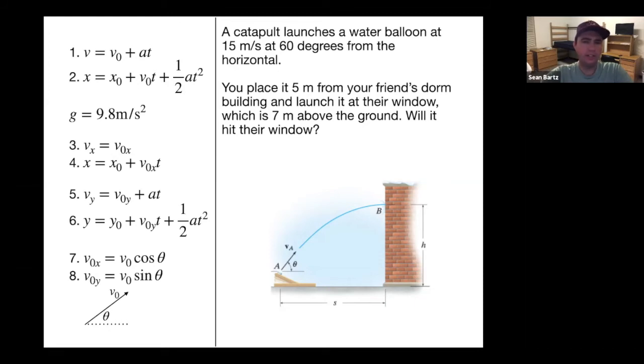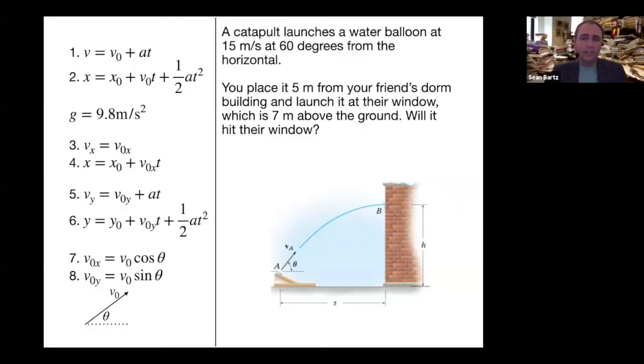I know the distance to the wall is 5 meters. So I can use equation 7 to get the x component of the starting velocity and use that to find the time. And once I know the time, I can calculate the height and see if it's 7 meters when it hits the wall. So that's how I would solve it.